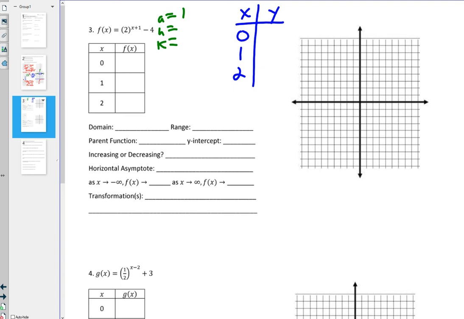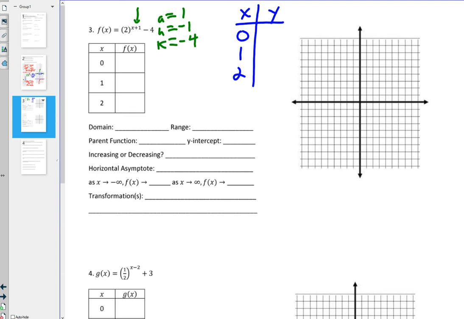What's H, Sam? If it's being added or subtracted with the X, you're going to change the sign. -1, good. And then what's K? Negative. For the K, you don't change the sign.